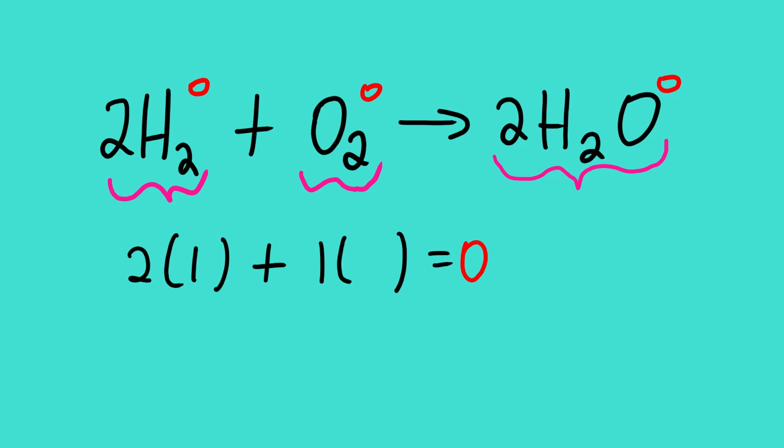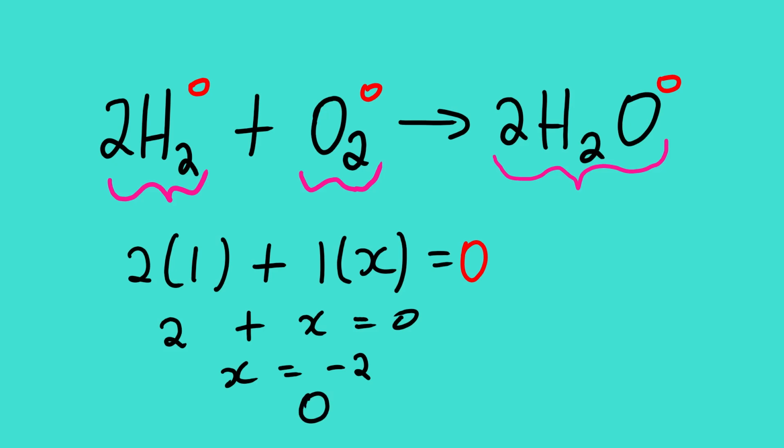We put X for the oxidation number of oxygen, because we are trying to verify it. So we have 2 multiplied by 1, which is 2, plus X equals 0. X equals -2. So the oxidation number of oxygen in this case is 2-.